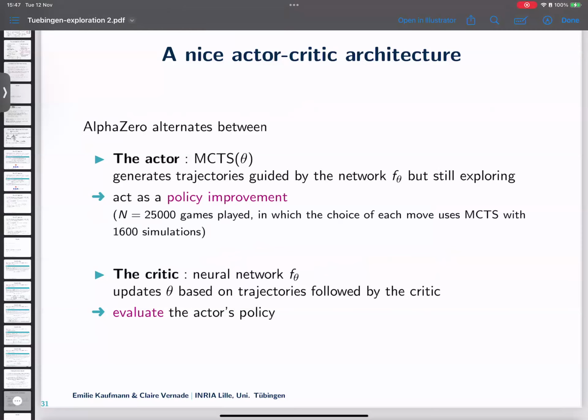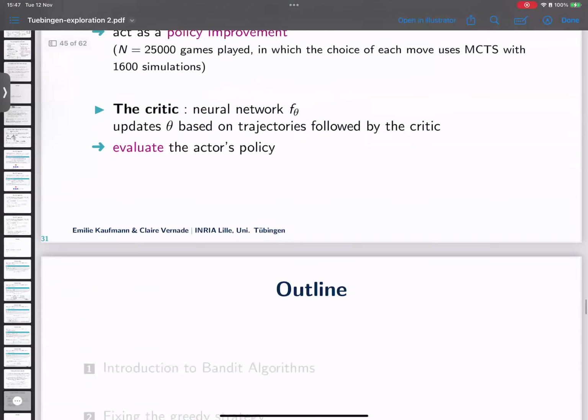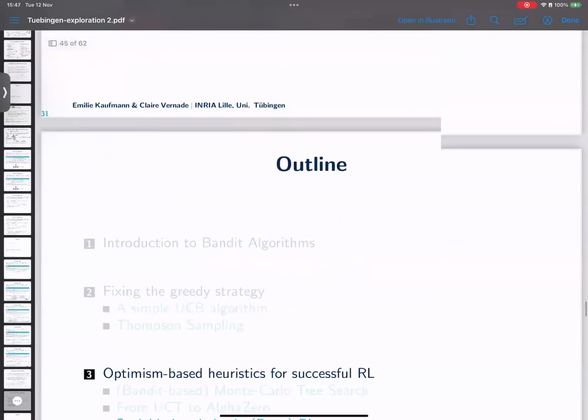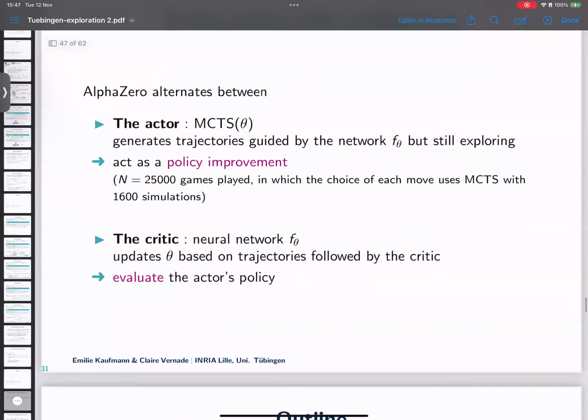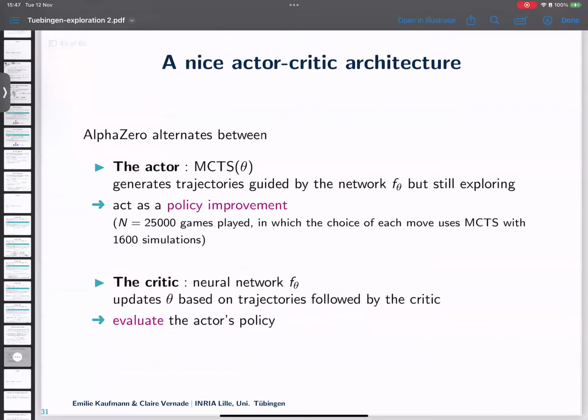It's not easy at all to train a machine like this. And it did require a lot of data. I'm not sure if it's written here. So, it's 20 for each policy improvement step. It's 25,000 games generated. And in each of them, I told you that you have to do a lot of this MCTS search. It's 1,600 simulations, right?